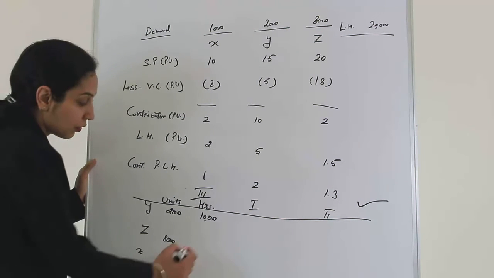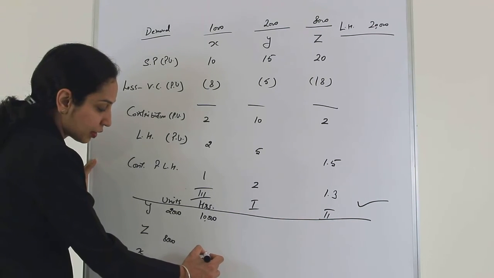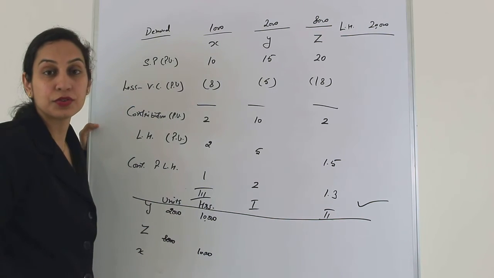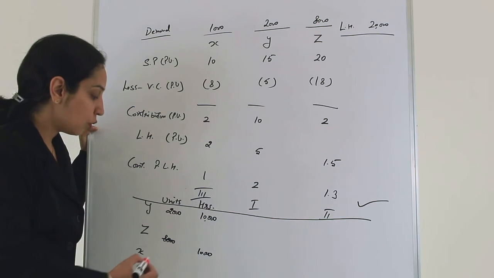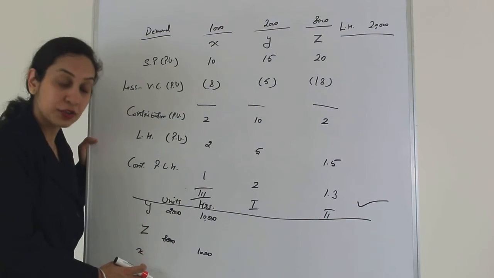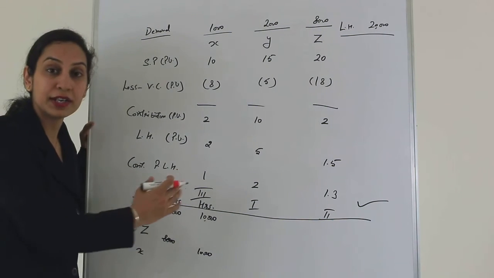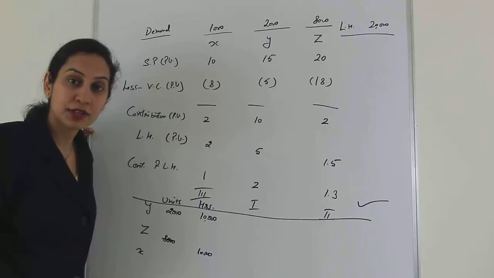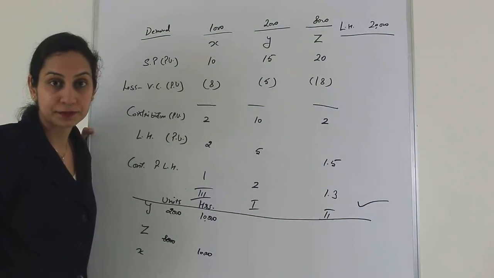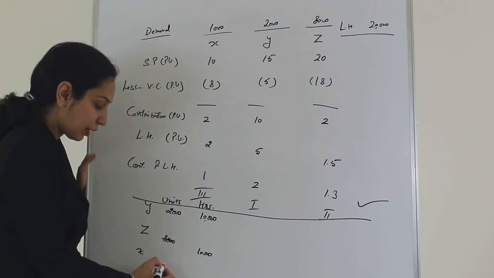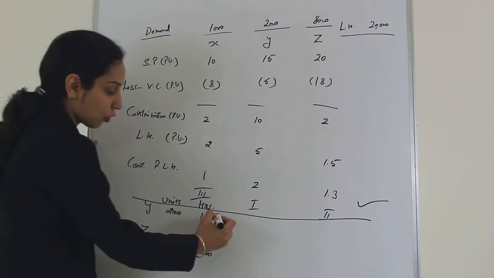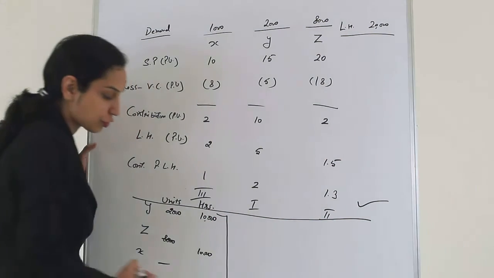That means at most we can devote 10,000 hours here, and we cannot produce 8,000 units. We can only produce how many units? 10,000 divided by 1.5. That's going to be the maximum units we can produce. We do not have anything for X because we have already optimized the solution.